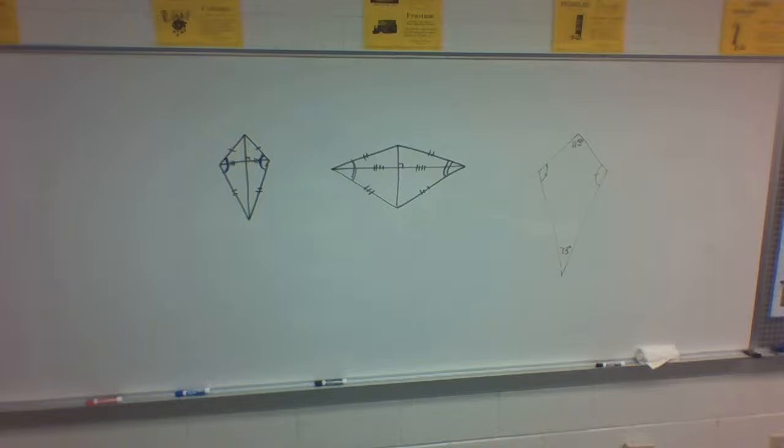It looks like it could be a rectangle, but the evidence would have to be right angles in the corners, and there aren't any. The only thing we can tell from the markings is that the diagonals are bisected. That's a property of a parallelogram. So based on the markings of this picture, even though it looks like it could be a square, the only thing you can conclude is that it's a parallelogram.